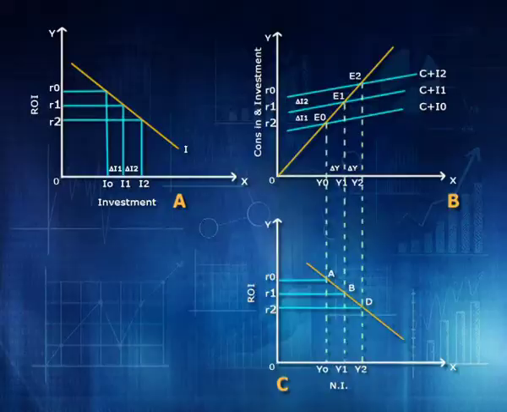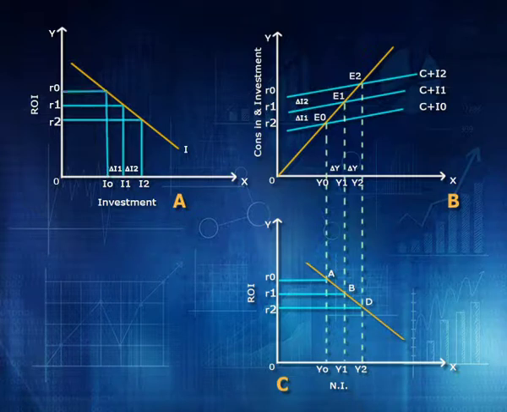When the rate of interest falls, the level of investment increases and vice versa. Thus, as a result of fall in rate of interest, a businessman will undertake greater investment at lower rate of interest and vice versa. As in part A of the figure, at R0 rate of interest, planned investment is I0, whereas the aggregate demand curve is C plus I0 in part B. At this aggregate demand, equilibrium level of national income is determined at Y0.